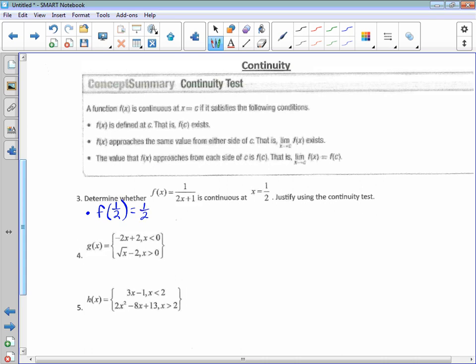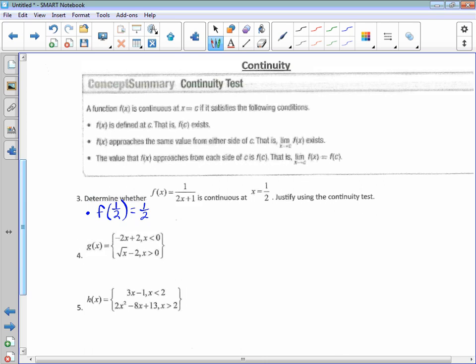So, did it exist? You found the value. Looking at that equation, where would this not exist? Negative 1/2, okay? So if I was asking you to find this at negative 1/2, just looking at the graph, you'd know, oh, that's not going to exist.